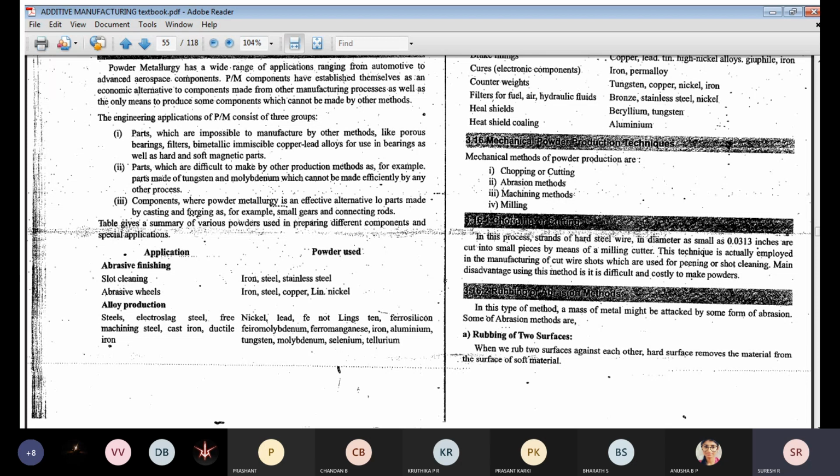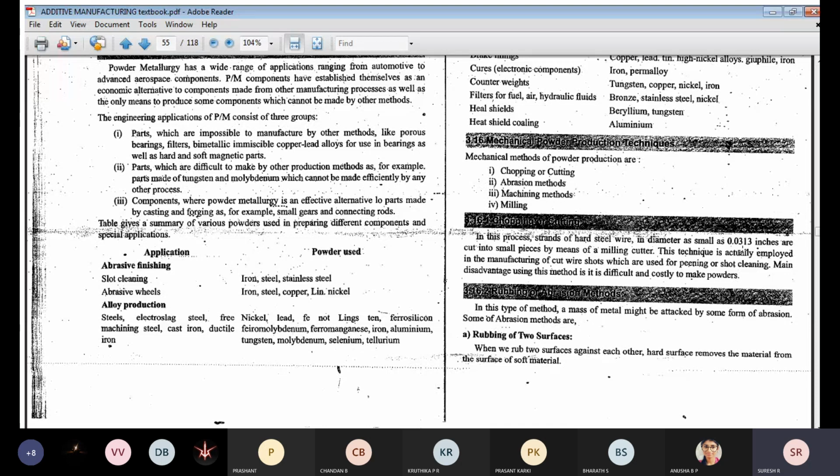Our final intention is to make small particles. Even small diameter steel wires can be cut into small pieces with the help of different milling cutters, chopping the wires into small particles.